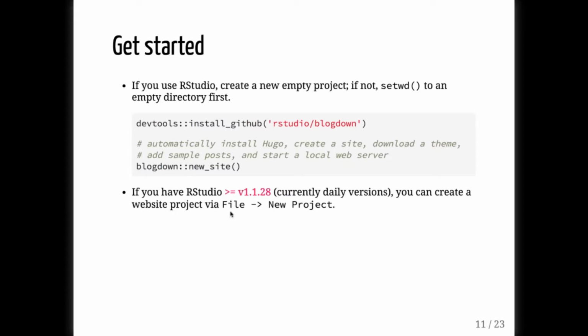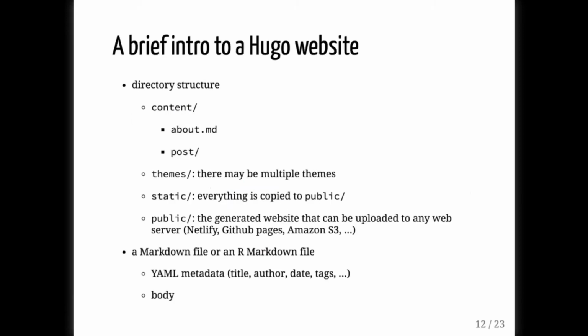And if you are brave enough and you are using a daily version of RStudio, you can actually create a new website project using the menu File and New Project. And I will show you in a minute how you could do that.